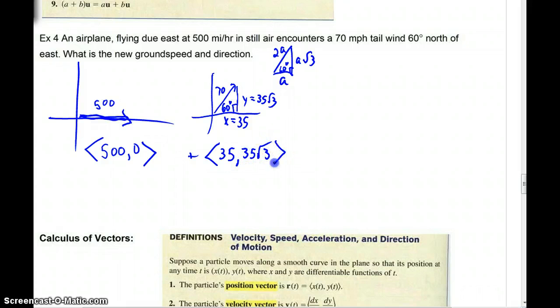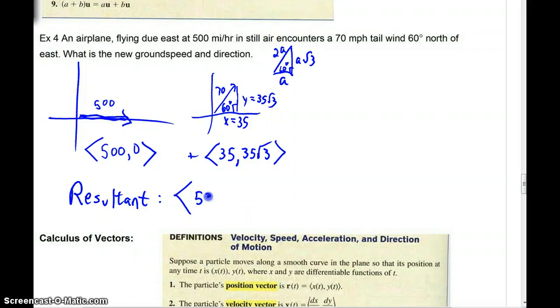So we have a tailwind pushing an airplane. Airplane's going 500 miles per hour. Obviously, there is a change in the direction, a change in the speed that we're going to see as well. The resultant vector is going to be found simply by adding the components together.